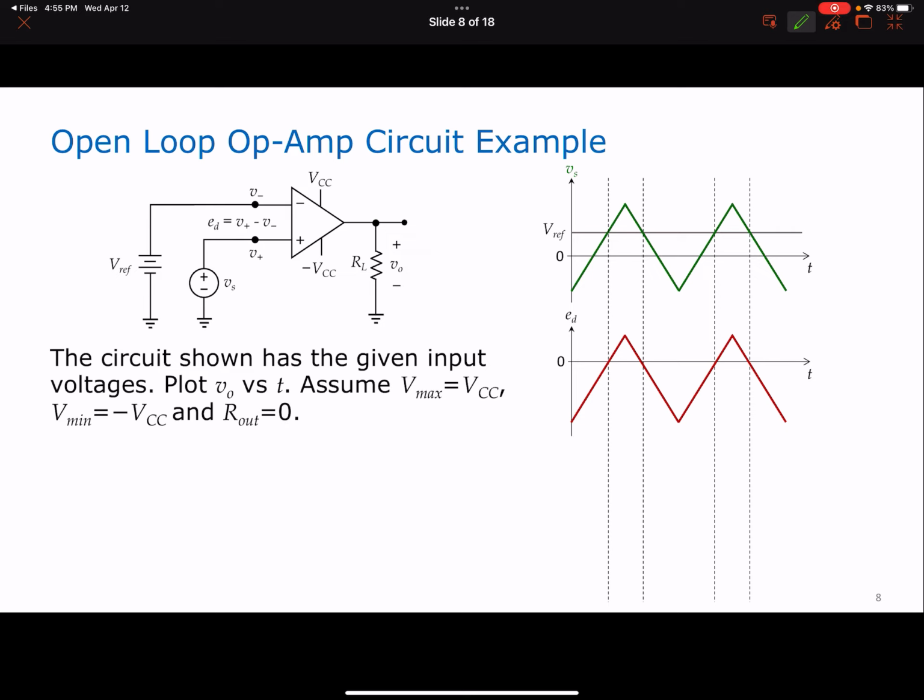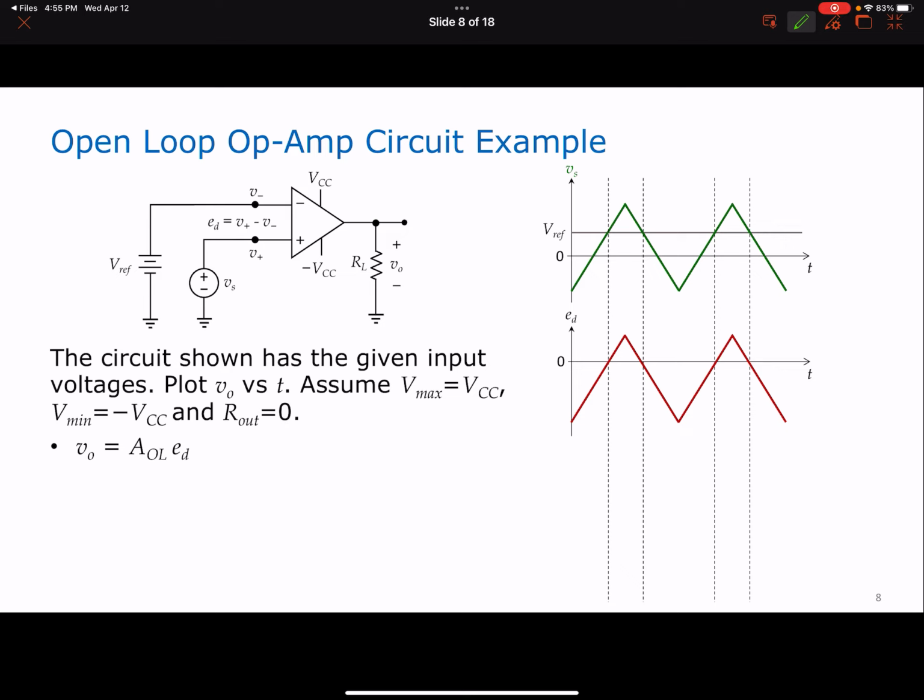We subtract from the green wave a constant. So in effect, we are pulling down the green wave. The green wave has been pulled down so that at this point, E sub D is equal to 0. So our output, V sub O, is A_OL E sub D.